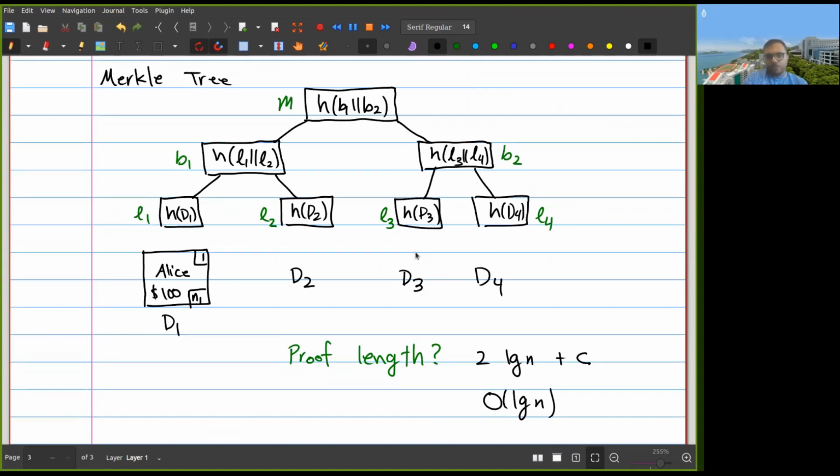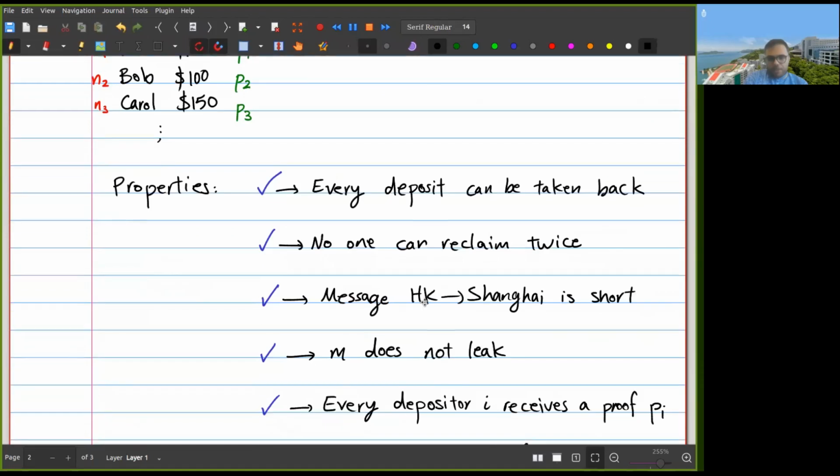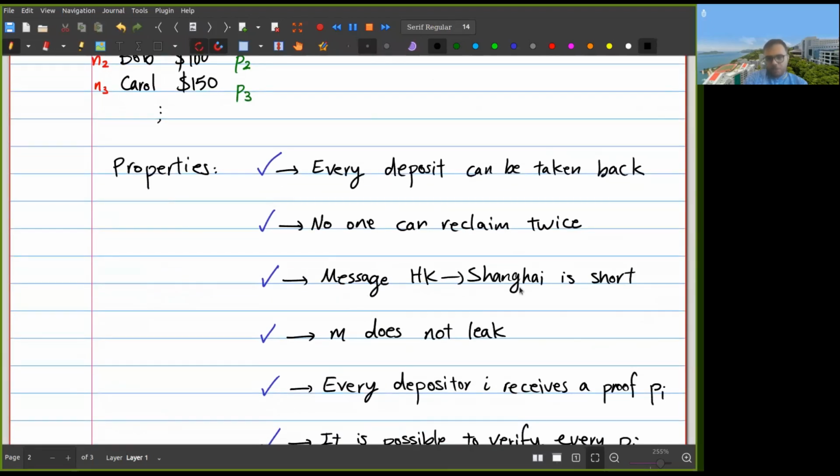So if the Shanghai branch pays, for example, deposit number 3, then they will just keep track of the number of this deposit. Every deposit had a sequence number. Or they can keep track of its hash. It doesn't matter. As long as they keep track of what they've paid and they don't pay it twice, it's fine.